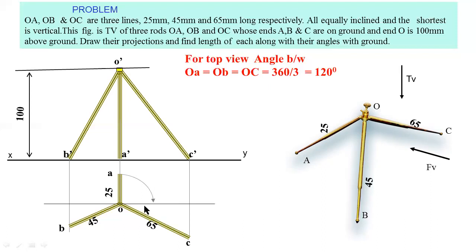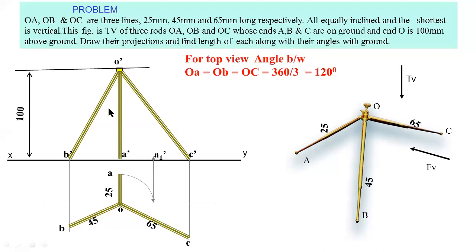Then you have to project the vertical line in the upward direction like this. This is the intersecting point, that is A1 dash. Here O dash A dash is not a true length.